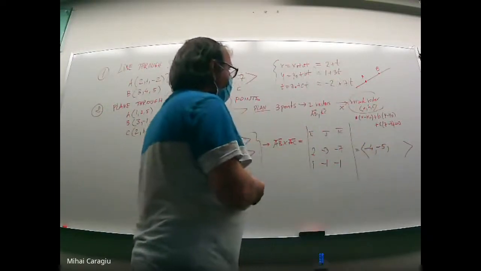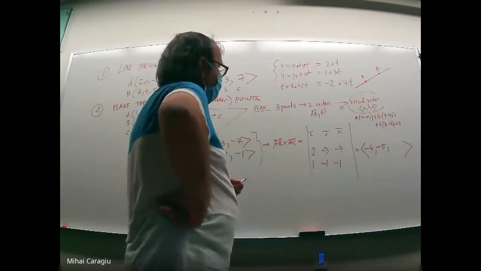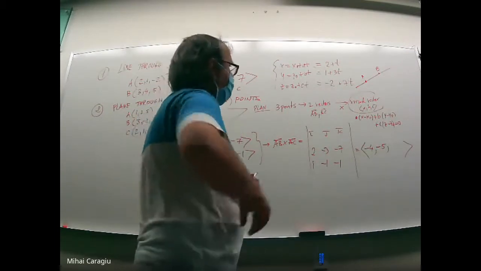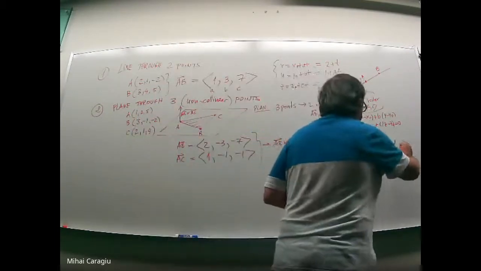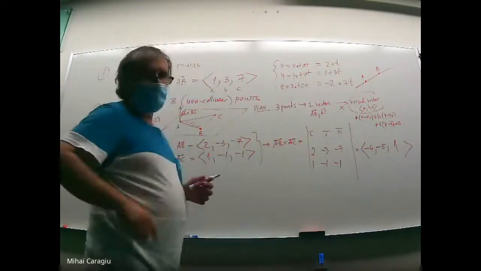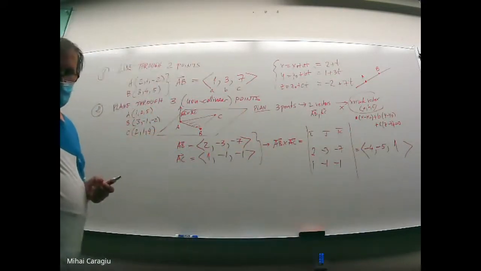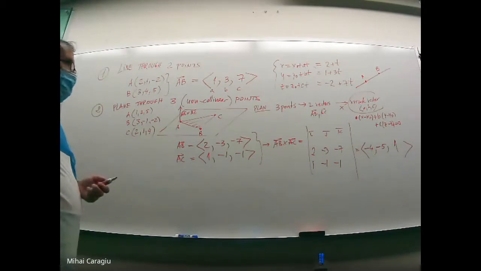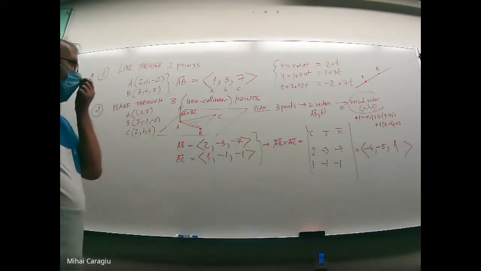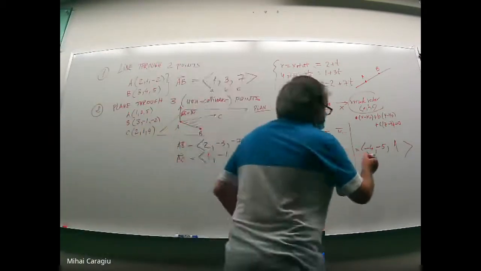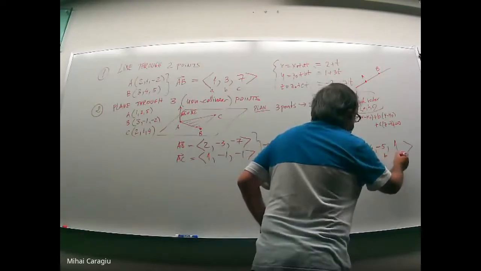And finally, removing the k column, we get -2 plus 3, which is 1. So a normal vector of the plane will be (-4, -5, 1). This will be a, b, c in our previous notation.